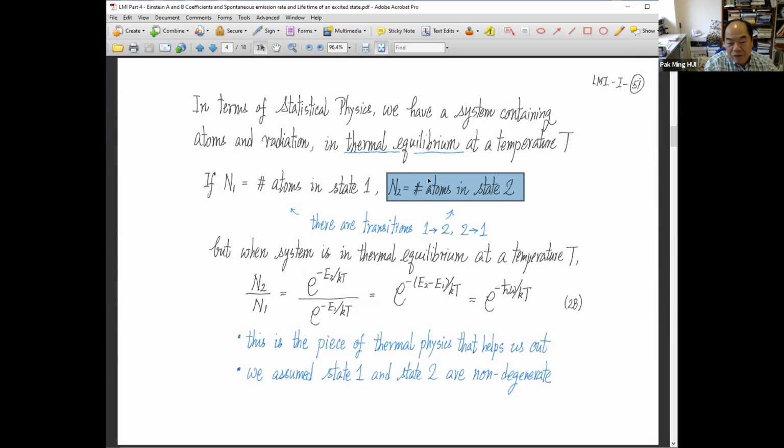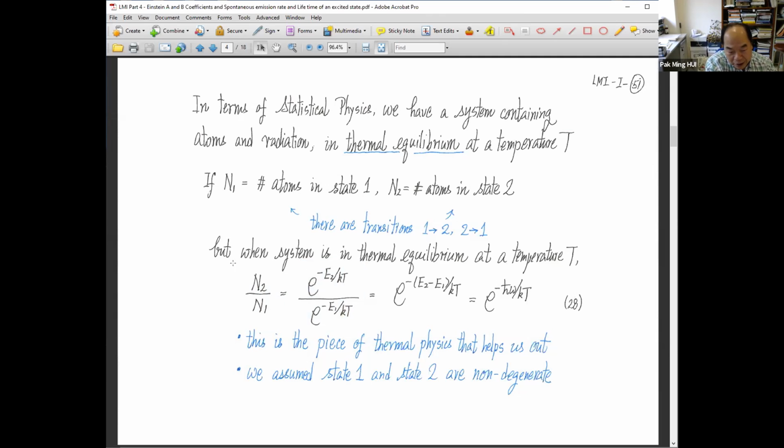So now, if the system is at a temperature T, what statistical physics tells us is that the number N2 is proportional to this Boltzmann factor. The energy of that particular state is up here, all right? Similarly, the number of atoms in state 1 is proportional to e to the minus E1 over kT. Thereby, the ratio must be this ratio, canceling out whatever that is proportional in front.